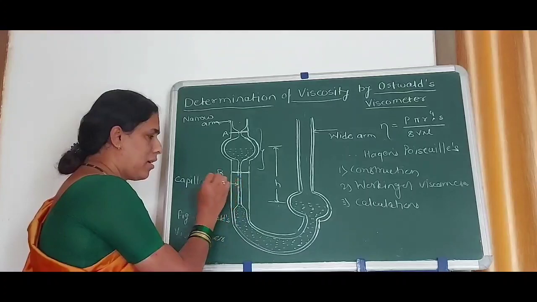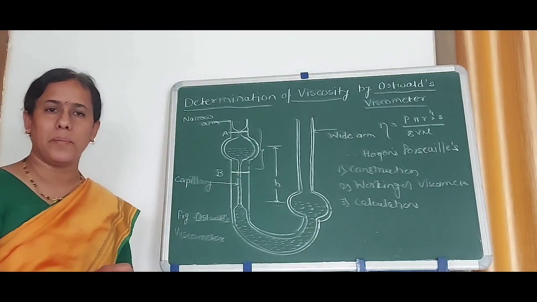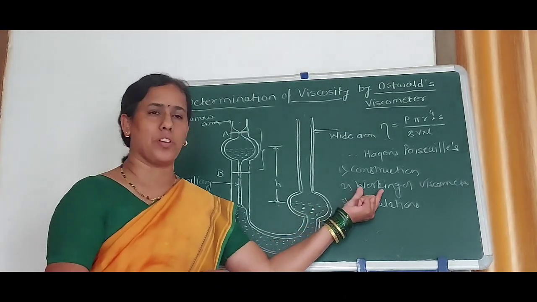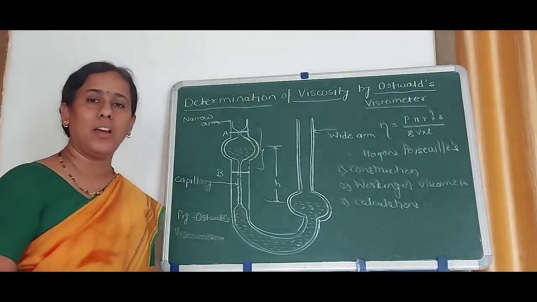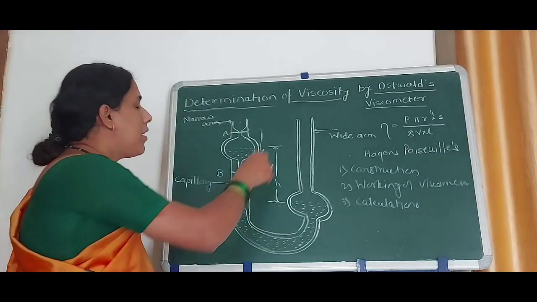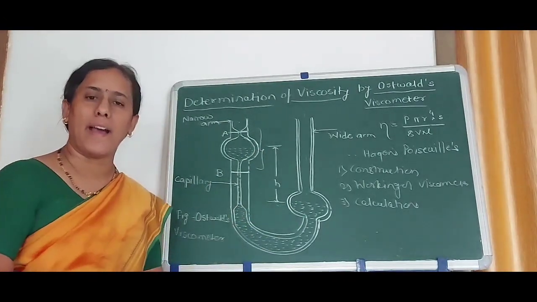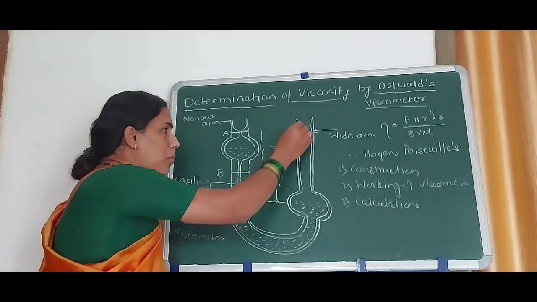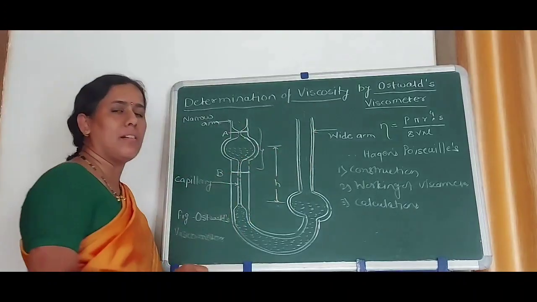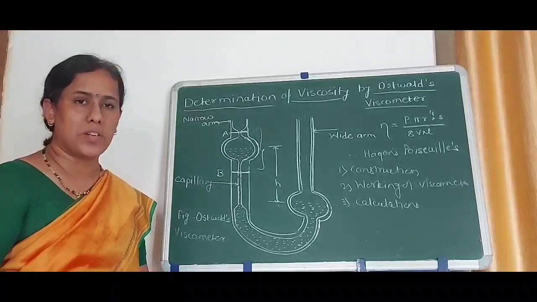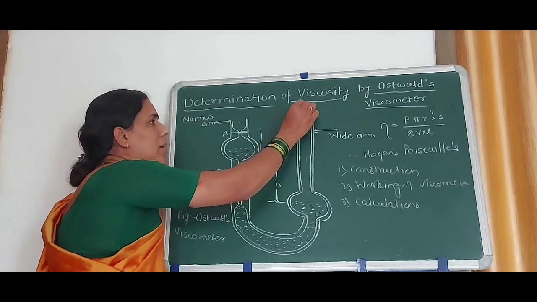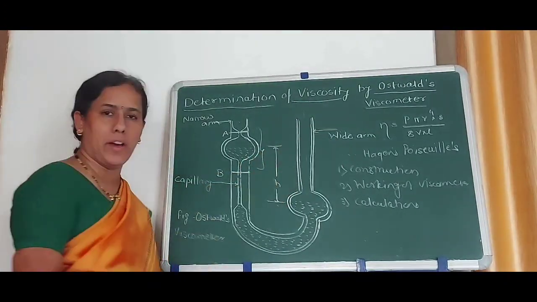Now working, how the viscometer works. This is the capillary. In the working section, first of all we have to wash the viscometer with water, then dry it by means of acetone, and then we add the liquid whose viscosity we have to determine. That liquid can be introduced through this wide arm.